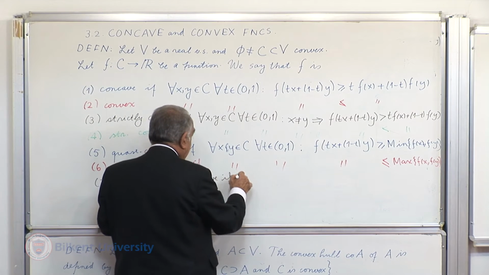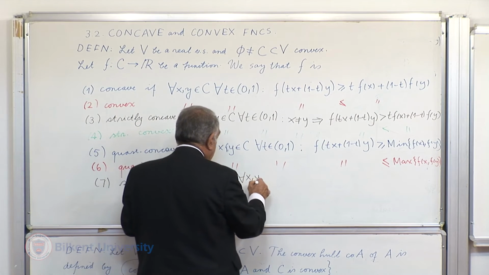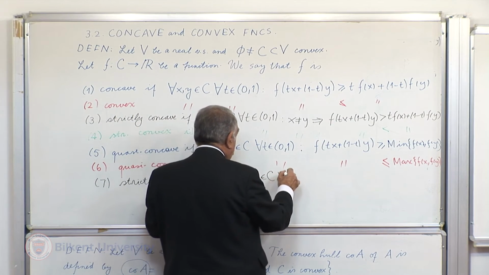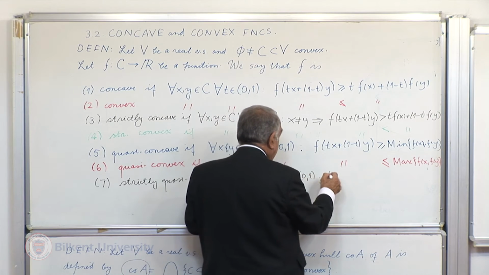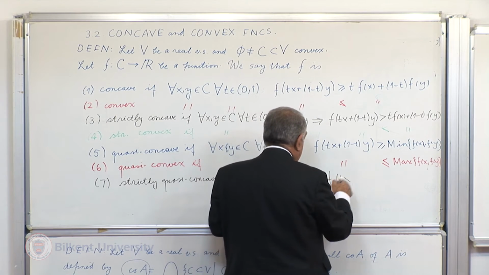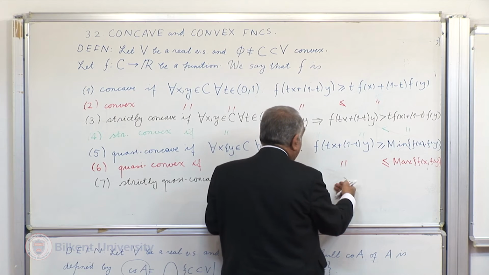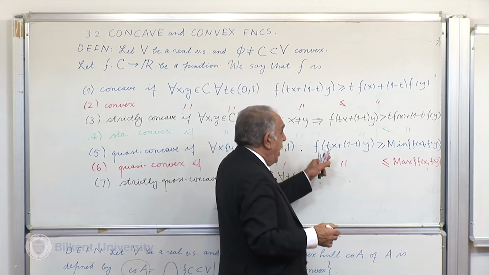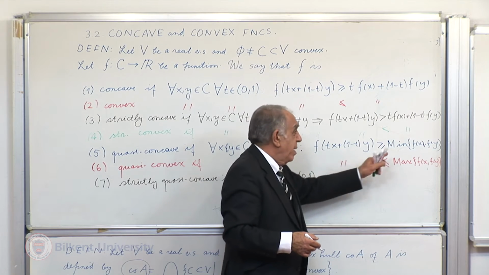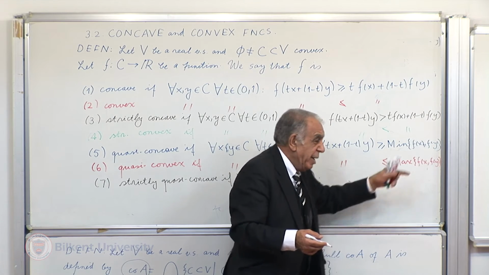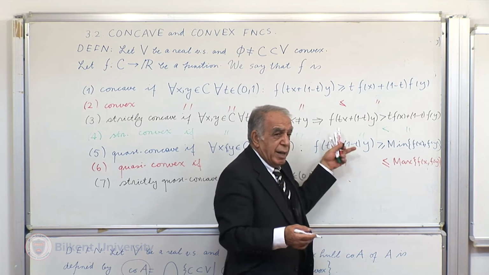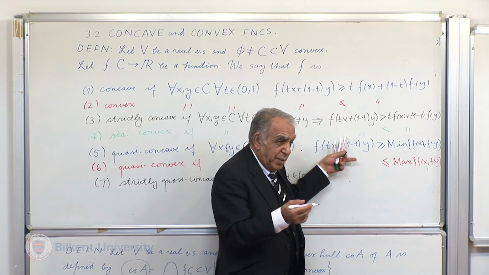We have for all x, y in C, for all t in [0, 1], f of t... Again, if x and y are the same, the minimum will be f of x equal to f of y. These will be the same, and this will be f of x or f of y.